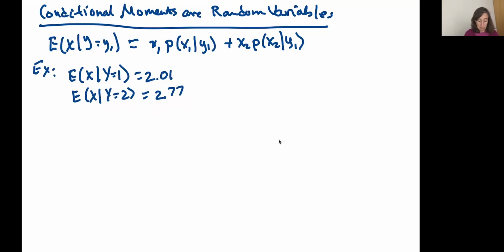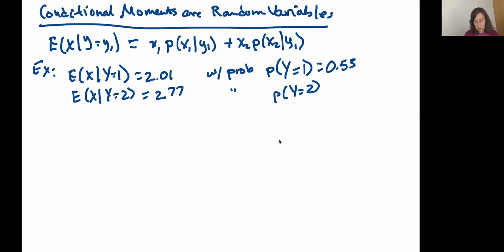So this happens with the same probability that y equals 1, and that was 0.55. And this happens with the probability that y equals 2, and that is 0.45.